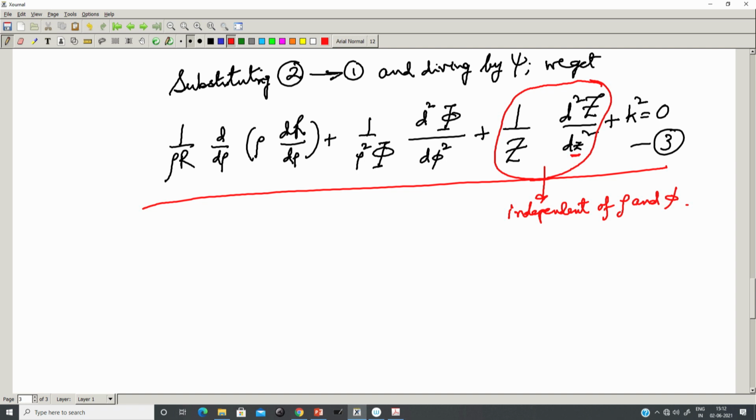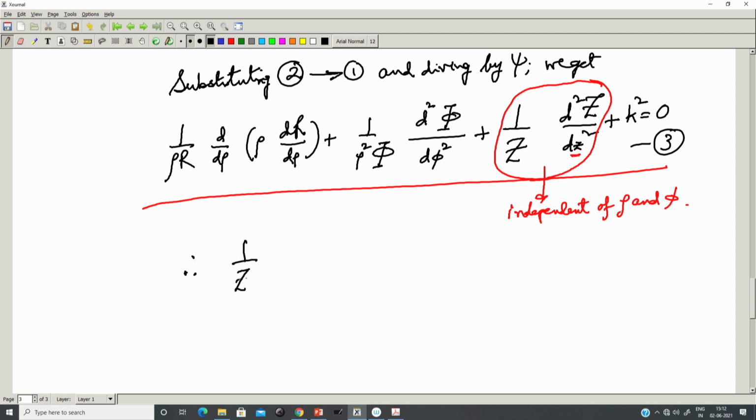So, this must also be independent of z if equation number 3 is to hold good and the left hand side sums up to 0 for all rho, phi and z.